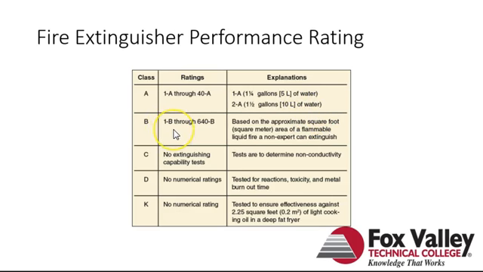Now Class B is going to tell you about how many square feet. A 1B is going to be 1 square foot. A 640B is going to be 640 square feet, so this is probably going to be one of your wheeled units. This is based on the area for a non-expert firefighter. It's kind of interesting if you actually go up to ANSUL and go through their class.